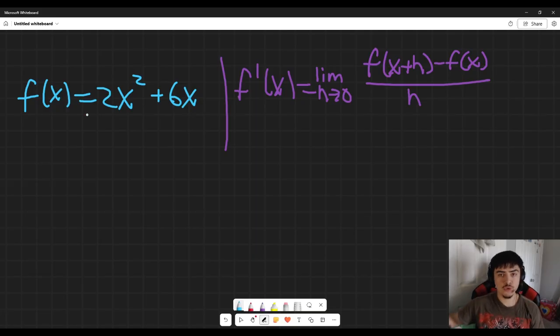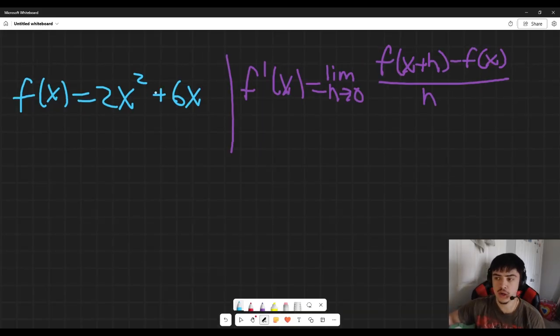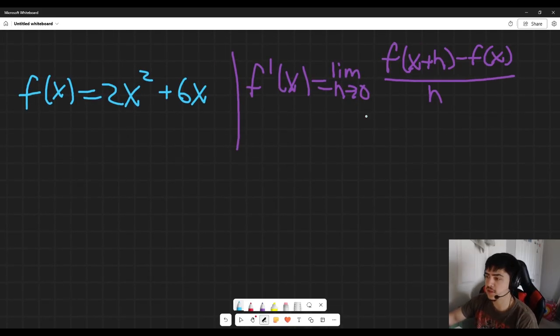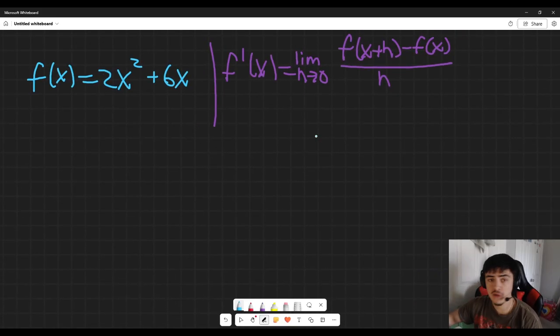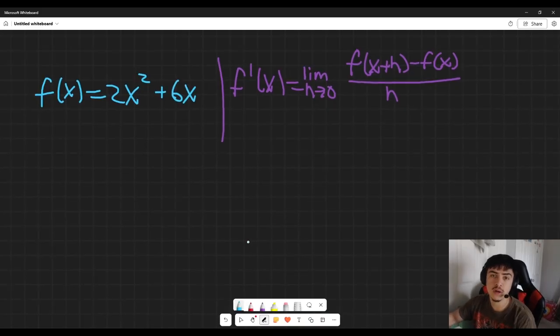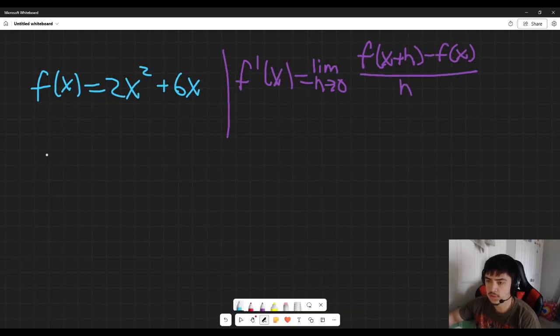We're going to be trying to find the derivative of 2x squared plus 6x. And I wrote the formula right here so we can keep this in our head and make sure we know where to plug everything in. So remember, our first step of the last example was that we need to find what this f of x plus h is, right? So we got our function, and wherever we see an x, we plug in an x plus h.